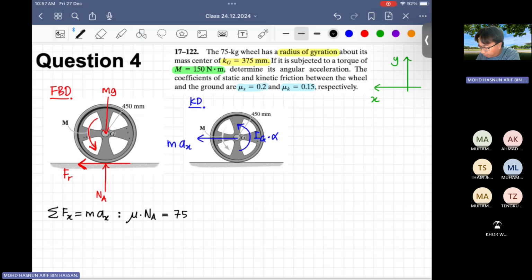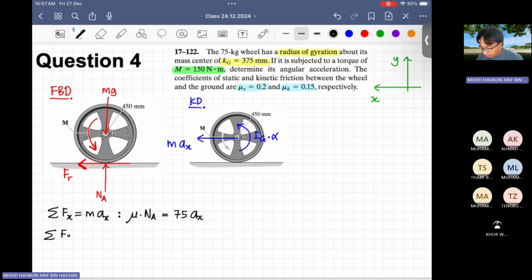M is 75 and Ax is unknown. So we cannot solve it yet because we don't know the value of NA, and mu, we are still unsure which mu to use.